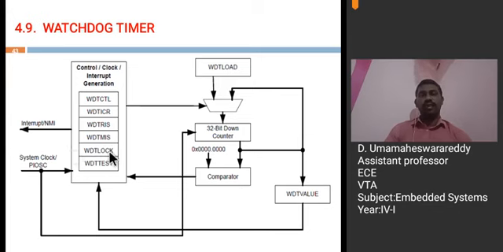Then watchdog timer test. See, this watchdog timer test is used to stop the watchdog timer counting when the microcontroller is in debugging mode. When the microcontroller is in debugging mode, the watchdog timer stops counting.